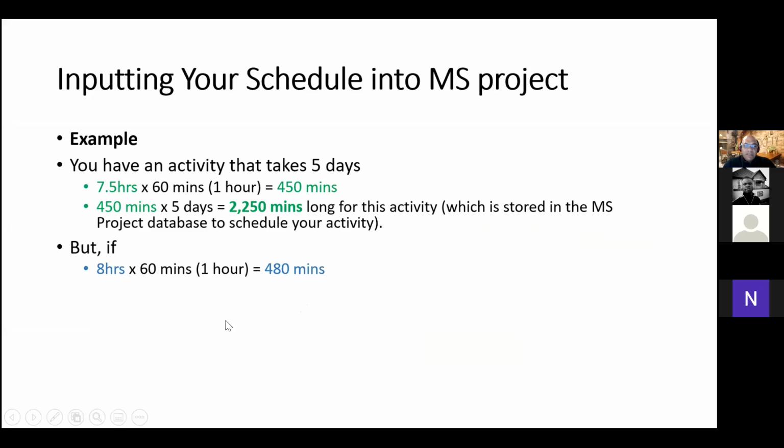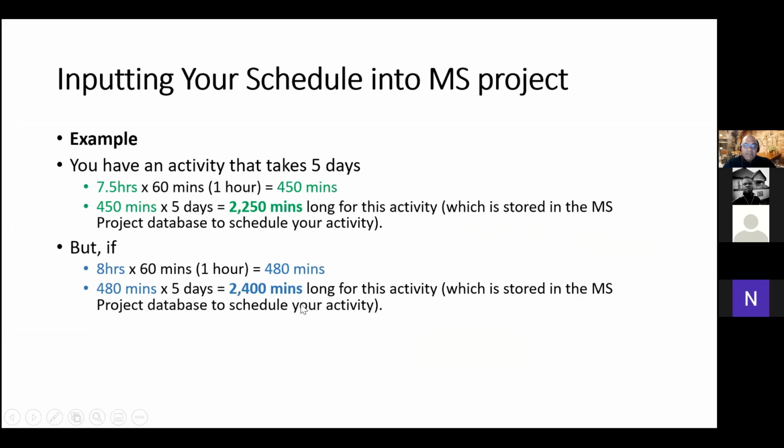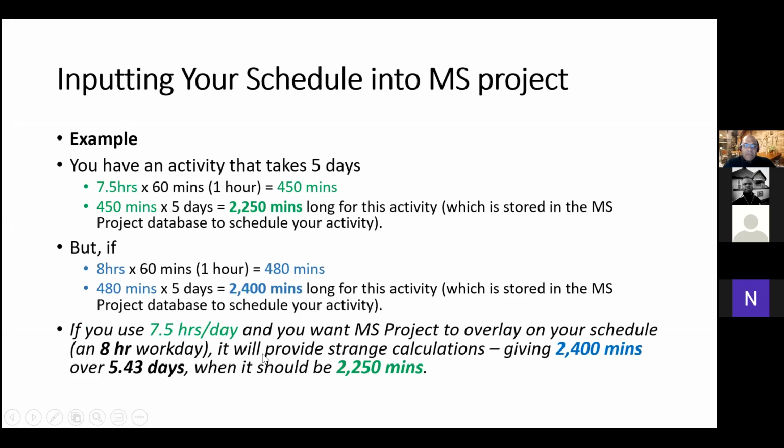But if you have 8 hours and 60 minutes per hour, it comes out to 480 minutes times 5 days is 2,400 minutes. So you see the big difference in how Microsoft Project calculates hours in minutes. If you have 7.5 hours per day and you want Microsoft Project to overlay an 8-hour day on your schedule, you're going to come up with very strange calculations.